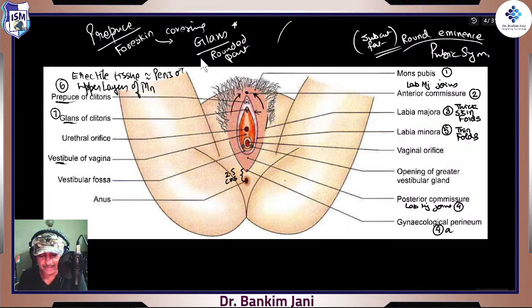So it was like outer layers or the upper layers and the lower layers. So we are talking about this area and this area. That was the prepuce, and this one is the glands.